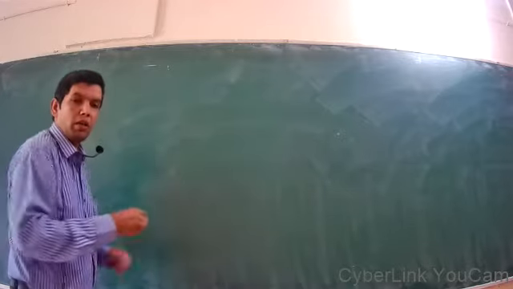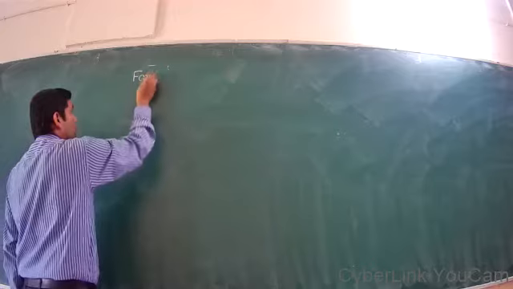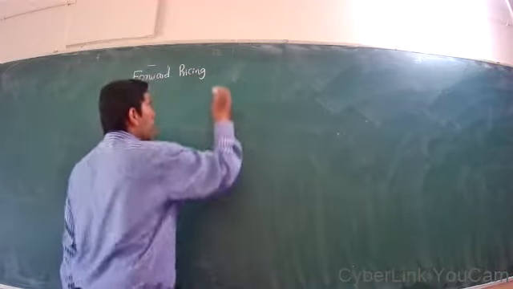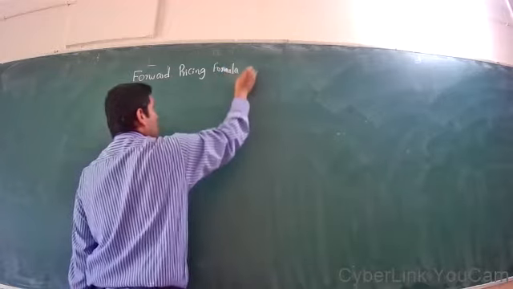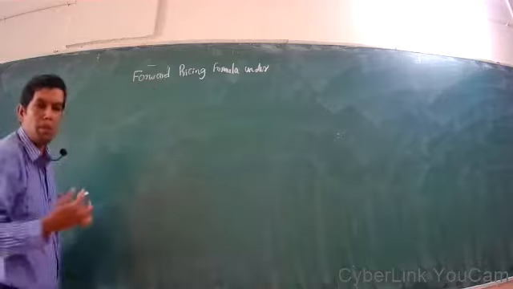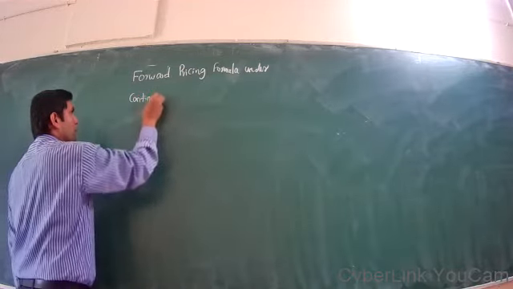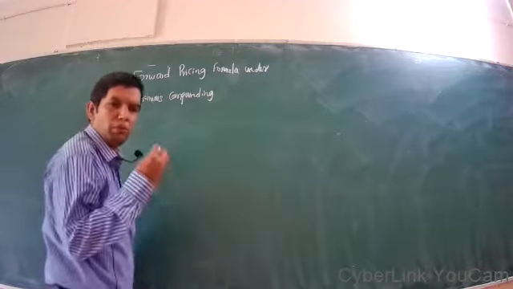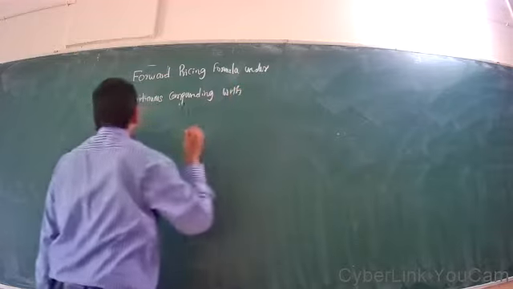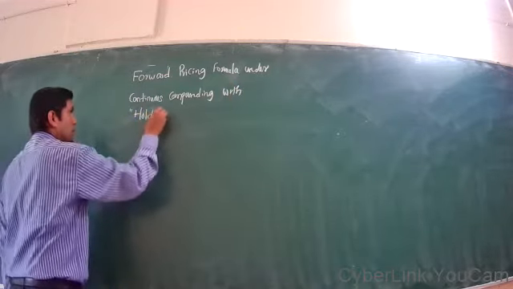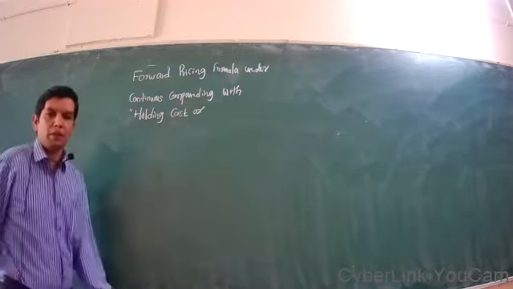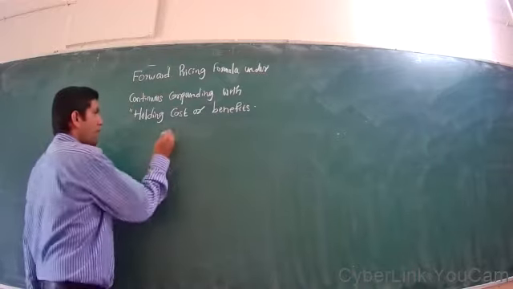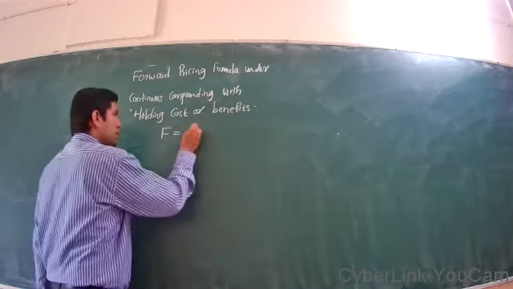Forward pricing formula under continuous compounding with holding cost or benefit is given by F equals (S plus M) into e raised to RT.